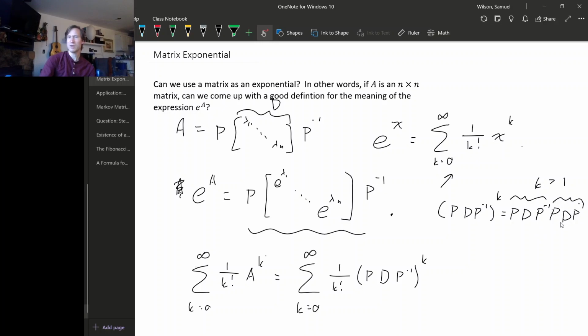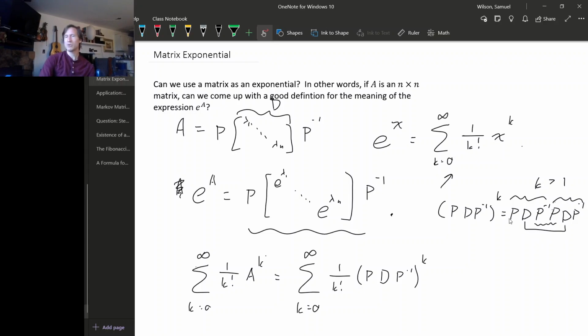And you can see that whenever we have two factors next to each other, the P inverse and the P multiply to give us the identity, and so they disappear. And then we get a D times a D, but D times D is D squared. And that's actually easy to calculate because D is diagonal.